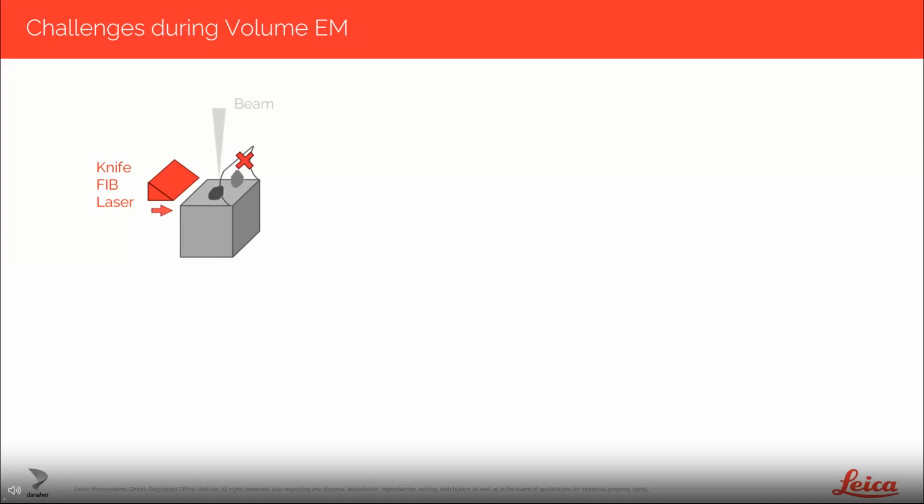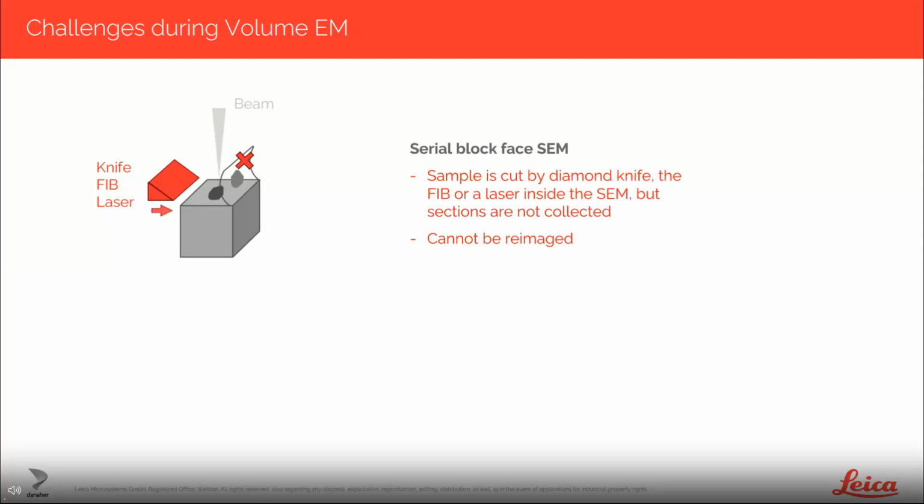Here on the left-hand side, you can see that a knife, or a focused ion beam, or a laser is removing the top surface of the block face after it has been imaged. But the slices, the sections, are not collected. So it's actually destructive and the sections cannot be re-imaged.